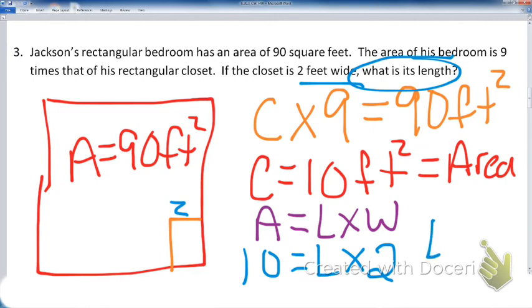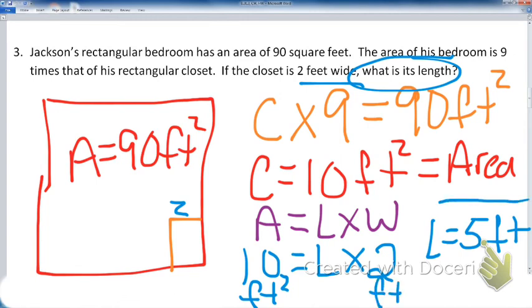Our length equals 5. And then don't forget your units. 5 what? 5 feet. Because our area is feet squared and our width is 2 feet, our length has to be in feet as well. So length is 5 feet.